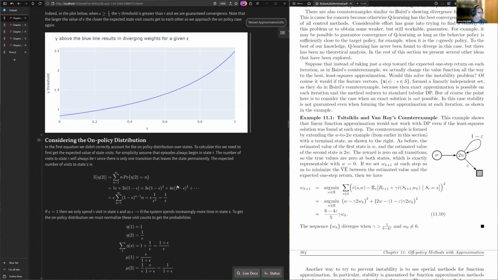We can convert this into a sum, and you end up getting a very simple answer: the expected number of visits to this state is just 1 over epsilon. So if epsilon is 1, then we just stay here 1 time. And as epsilon shrinks, it increases the likelihood of staying here longer. Okay, does that make sense?